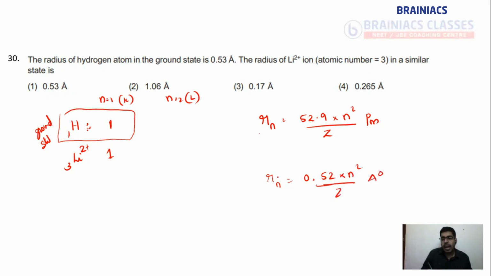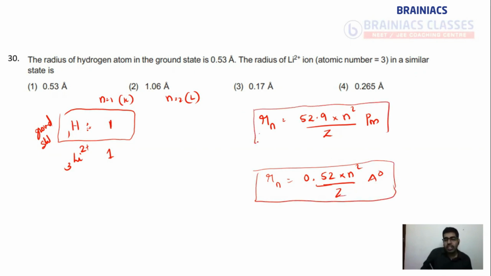This is the equation to calculate the radius of orbits in angstrom. The earlier one is the equation to calculate radius of orbits in picometer. Since the answer is given in angstrom, you can use this equation.